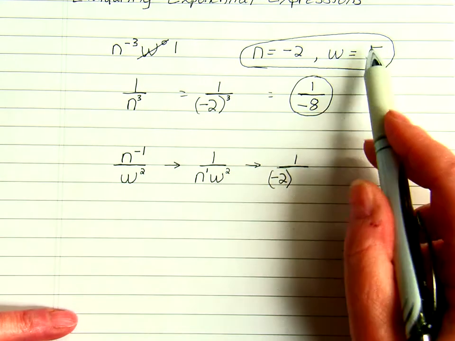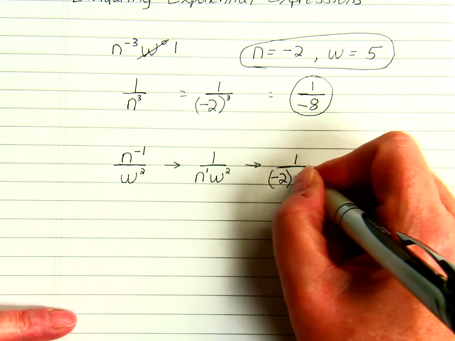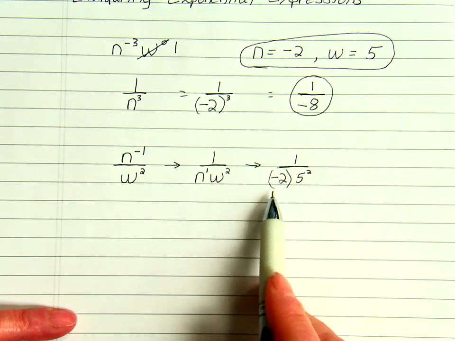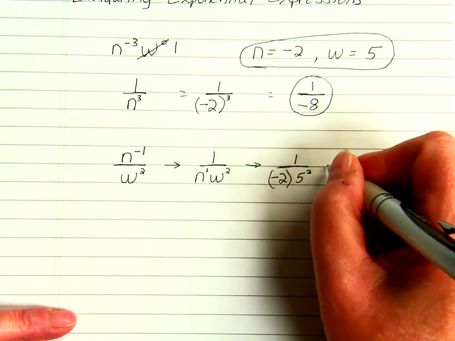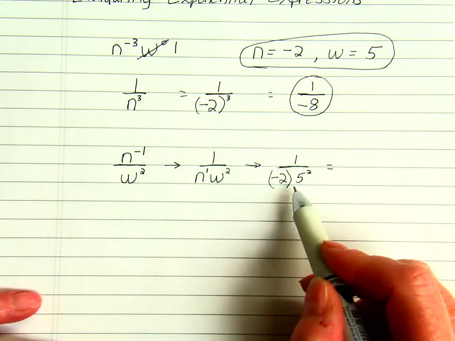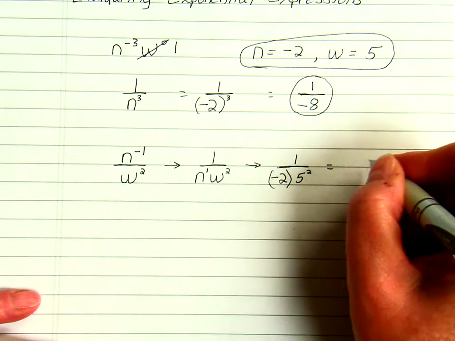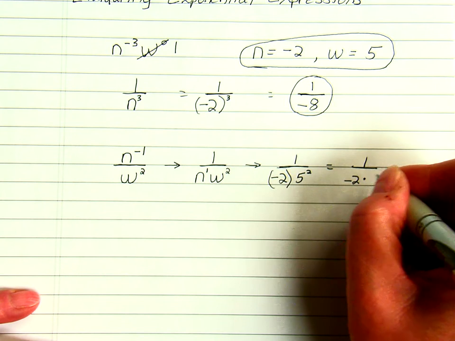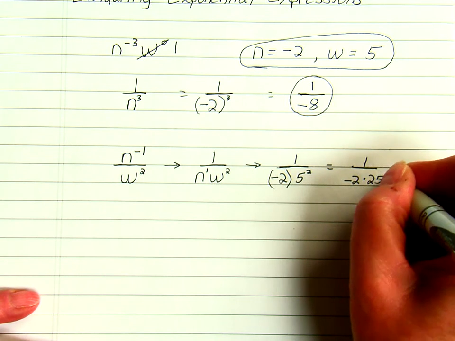And w, of course, is our 5, so that's going to be 5 squared. So this is going to be negative 2 times 5 squared. So going back to PEMDAS, always having to remember PEMDAS, we have to do our 5 squared first. So we have 1 over negative 2 times our 25.